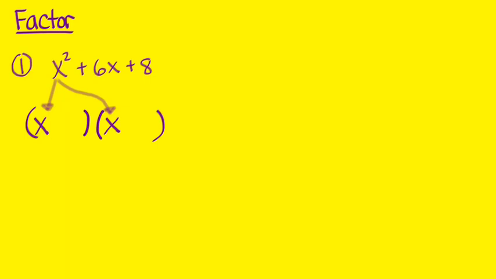Now let's take a look at it though when you're not given the solution to start with, right? If I have x squared plus 6x plus 8, I know that I can square root x squared, and so both get an x. I also see that 8 is positive, and the middle term is positive.